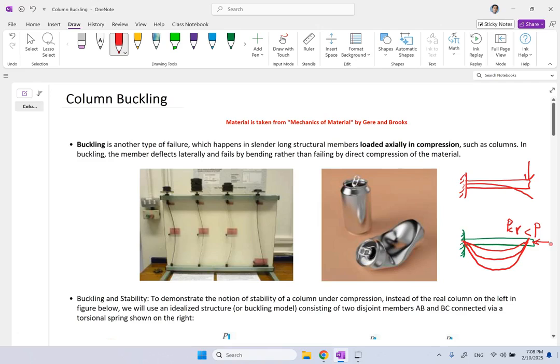Now these are specimens in the lab, but in real life, probably many of you put some pressure on an empty soda can, and you could basically bend it like this. Or if you have a straw and you put so much pressure on the straw, you see that you could bend it and break it.